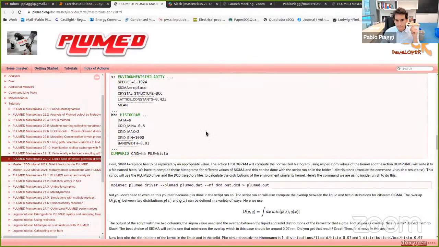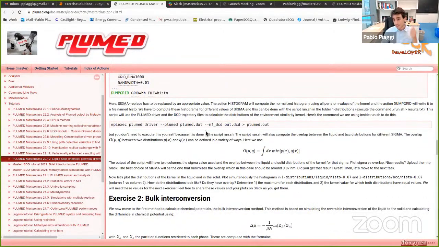Okay, a more systematic way to think about the choice of sigma is by calculating the overlap between the distributions of the liquid and the solid, or in general of two phases. And the measure of the overlap that I will use is this one, so the integral over the minimum of the distributions.